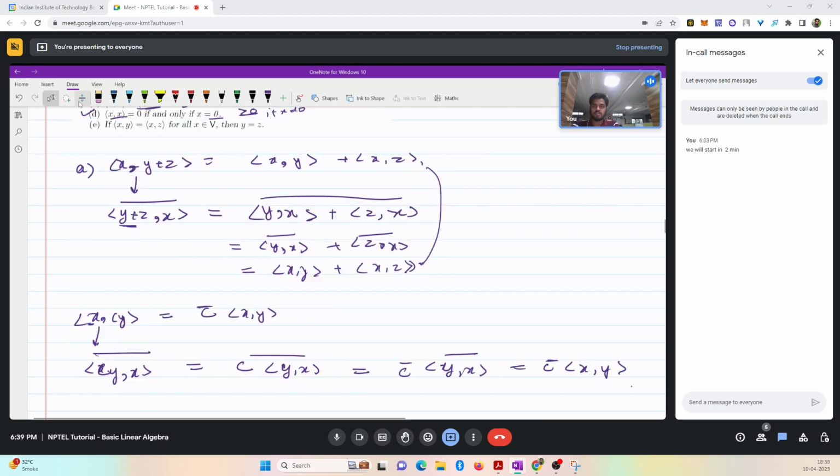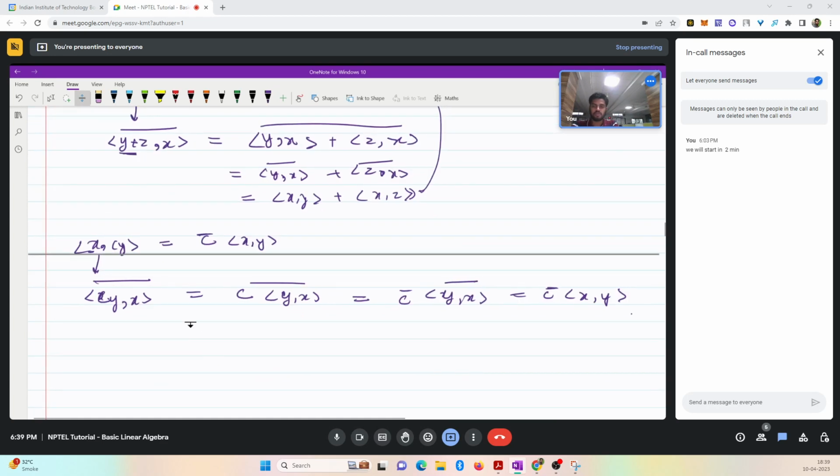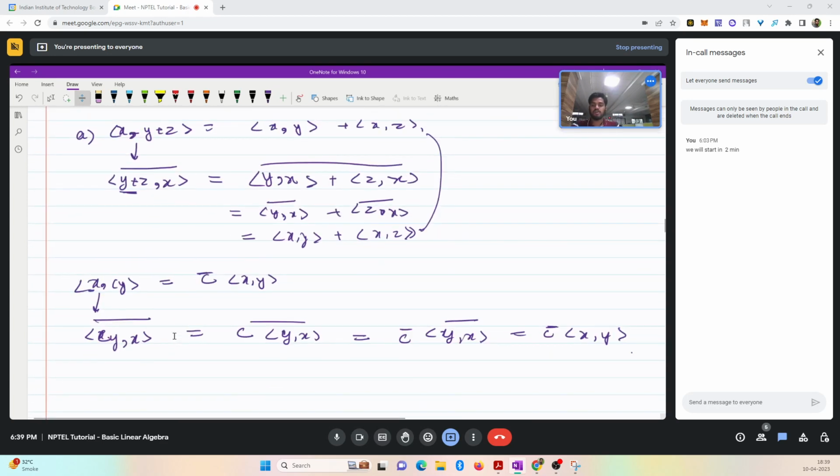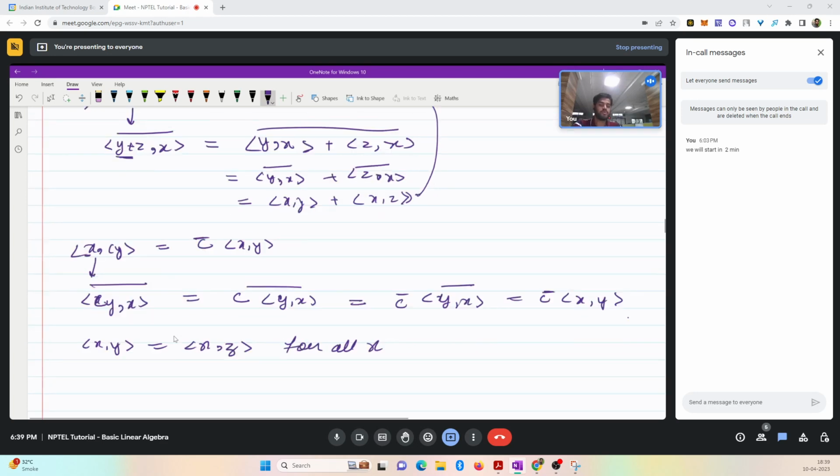Now, part E is something that I'll prove a bit formally. This says that if <x, y> is equal to the inner product <x, z> for all x, and the thing that you should keep in mind is that this is for all x, then we need to show that y is equal to z. Okay.